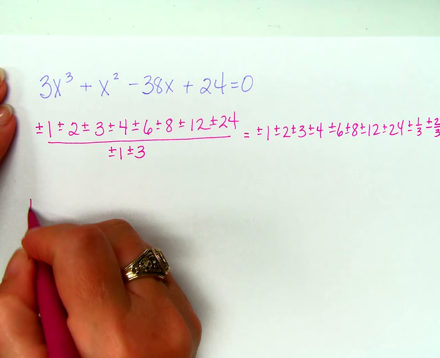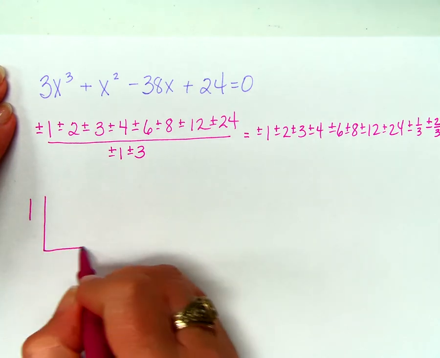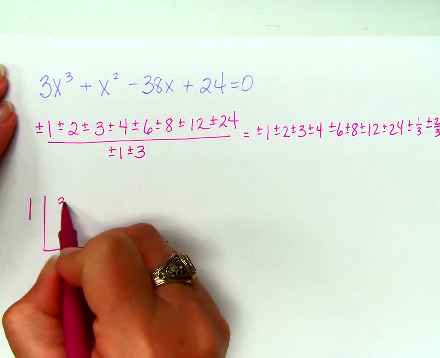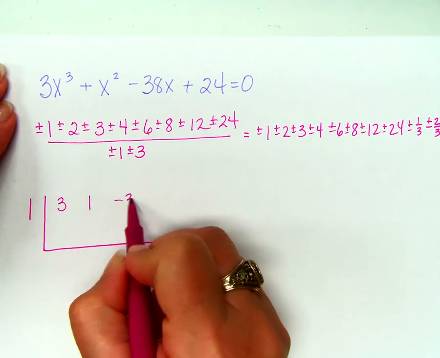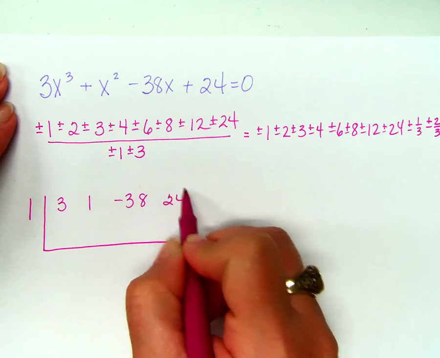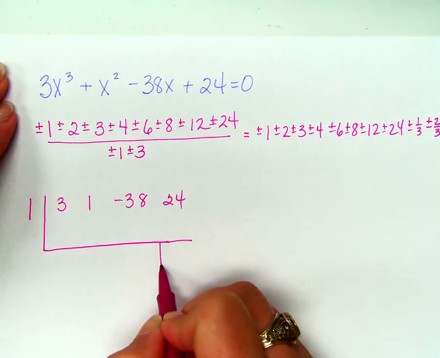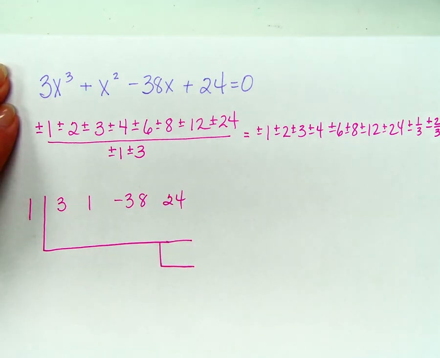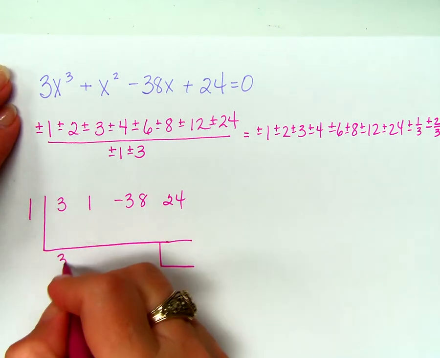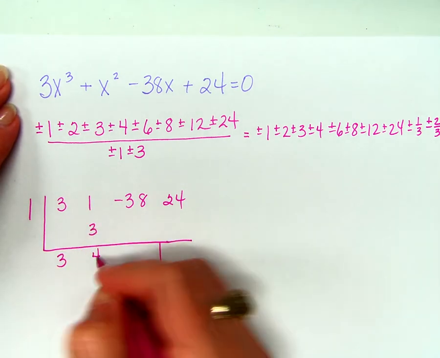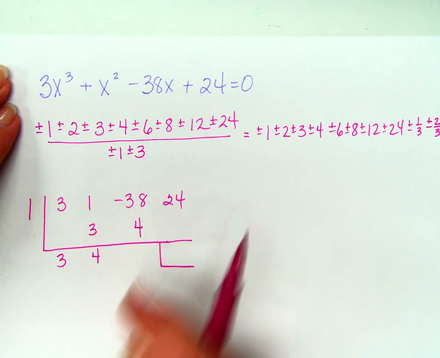1. Okay, 1. 3, 1, negative 38, and 24. Three, 4, 4.